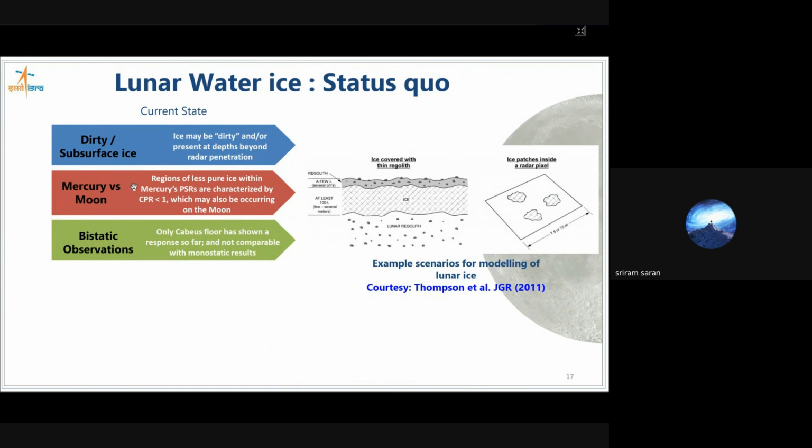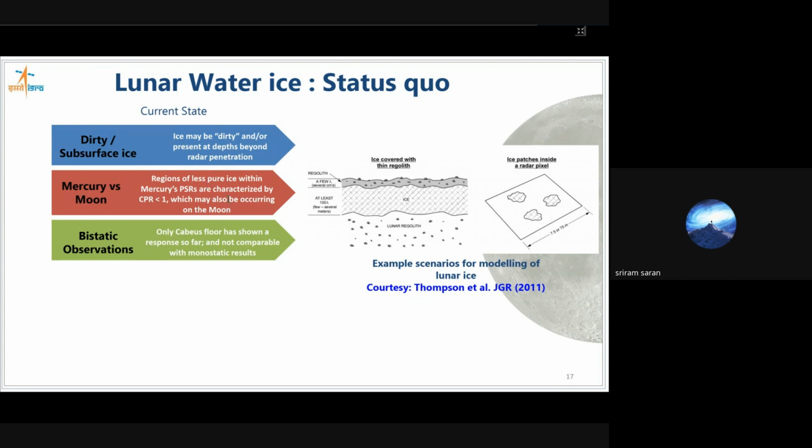And then when you compare the Mercury versus Moon polar environments, regions of less pure ice within Mercury's PSRs have been detected. And interestingly, they have CPR values of less than 1, but still they contain water ice.